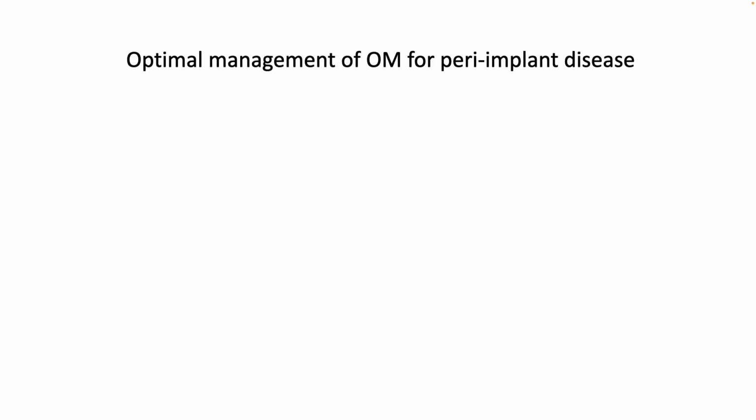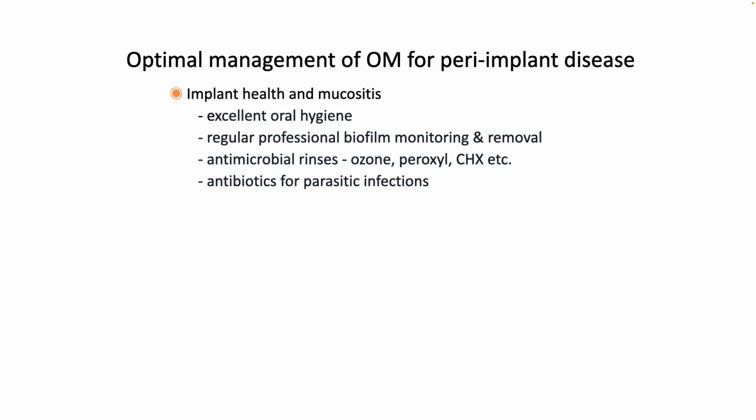So for optimal management of the oral microbiome for peri-implant disease, with implant health and mucositis, we need excellent oral hygiene. We want regular professional biofilm monitoring and removal. We have antimicrobial rinses at our disposal as well, things like ozone peroxide and so on.